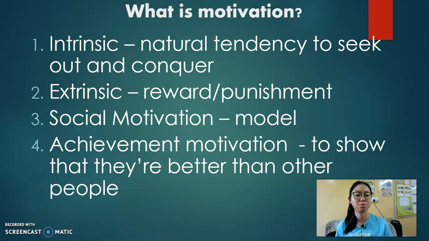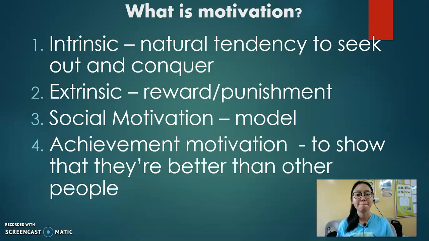Next is social motivation. Social motivation means a student wants to do something because someone they greatly admire is doing it. For example, someone they idolize, a model to them. Next is achievement motivation.